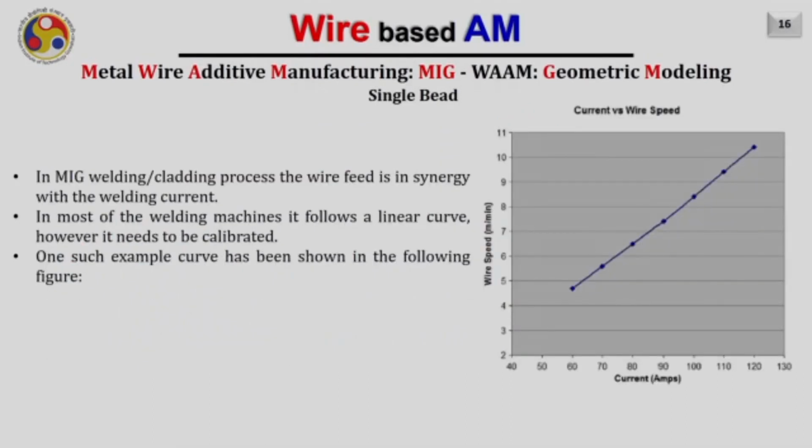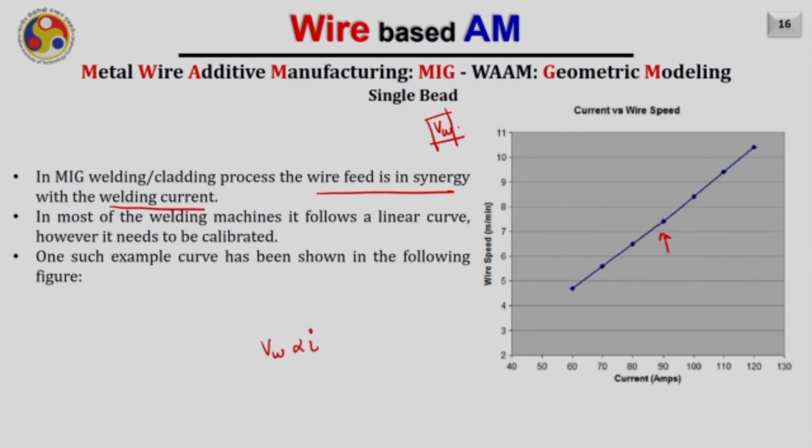Also, in the equation which we have seen just now, there was a term Vw. The wire feed is not easily measurable in the case of machines where the wire feed is in synergy with the welding current, and that is true for most of the automatic MIG welding machines. However, we usually get a linear curve between these two, meaning Vw is directly proportional to the current we are supplying to the machine.